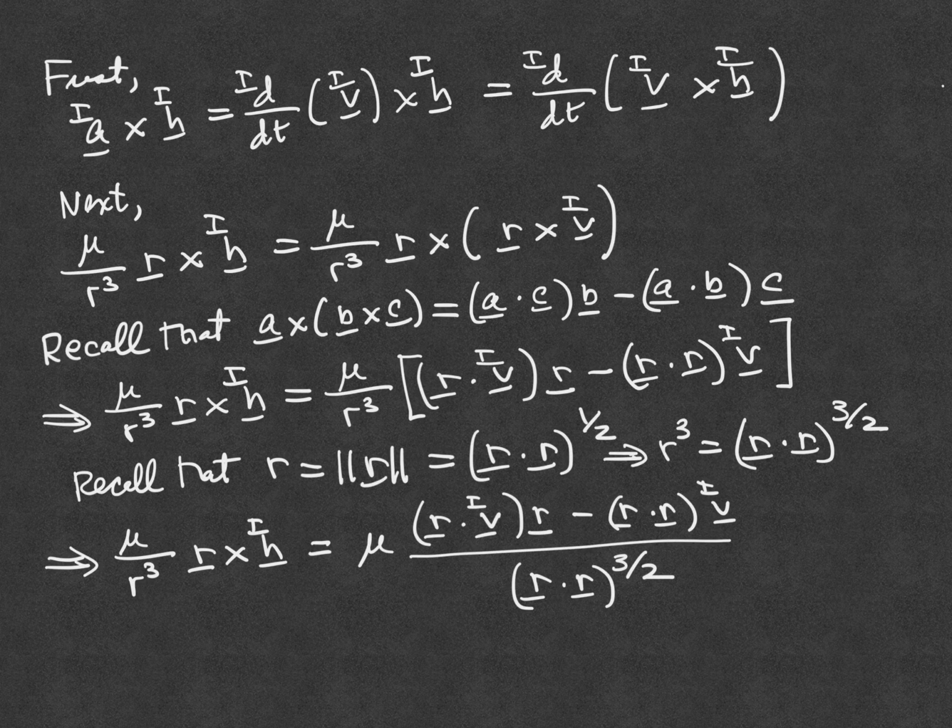So this is the result we're going to start with, because we're going to find another way to write this last result, and we're going to do that as we move to the next step.